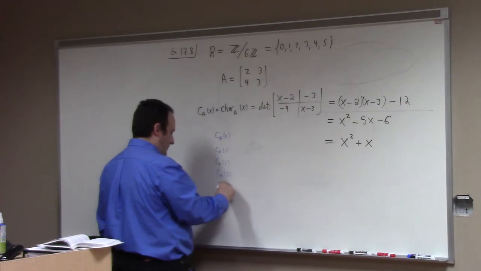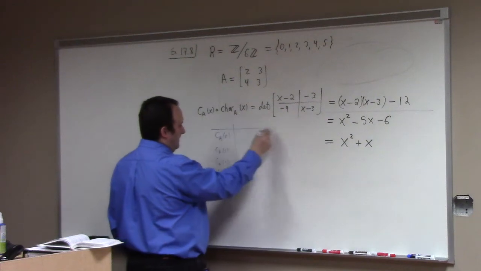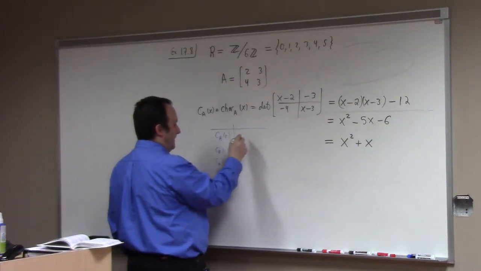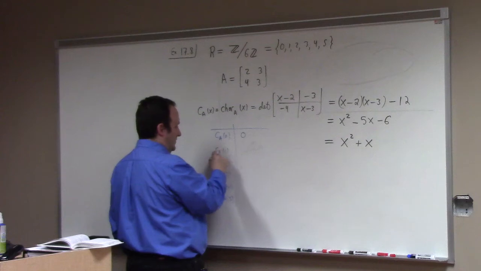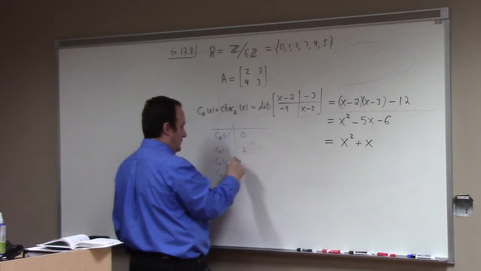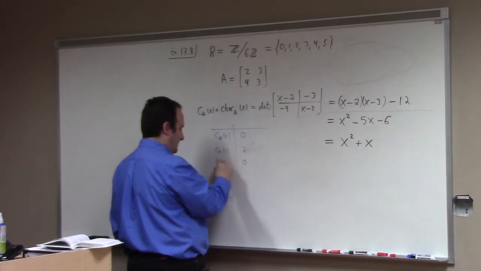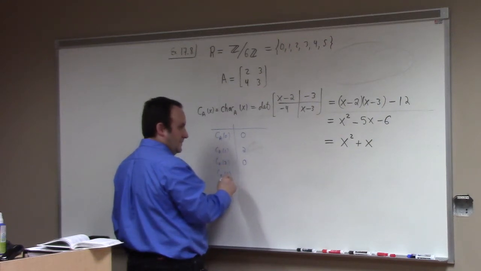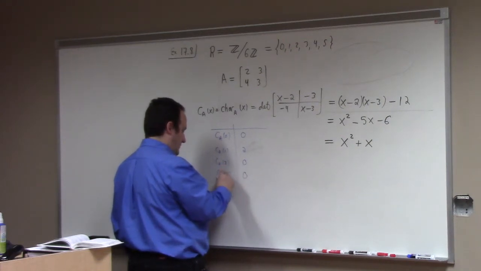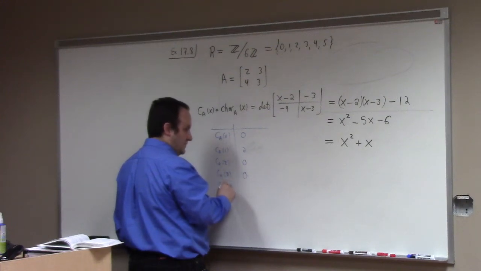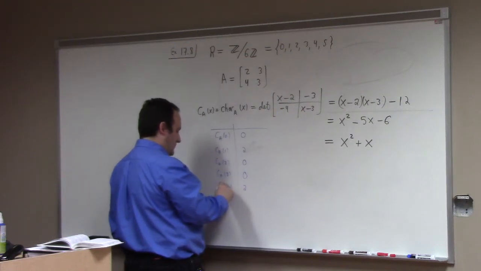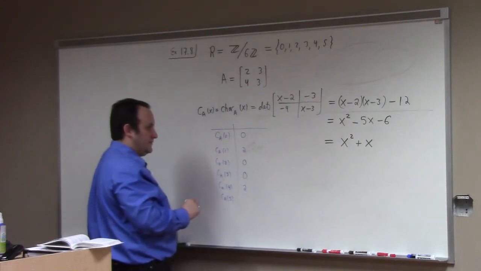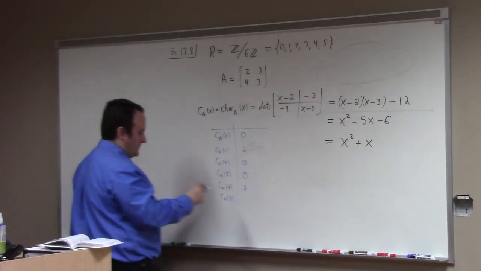CA of 4? CA of 5? So we got 0, 2, 0, 0, 2, and then 25 plus 5 is 30, which is 0, yeah.